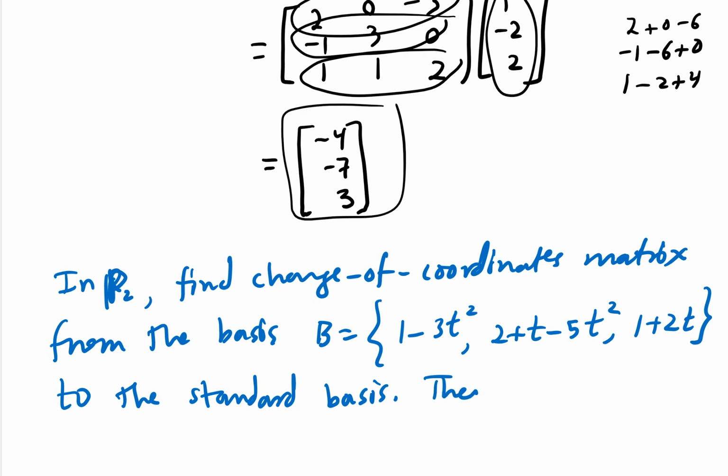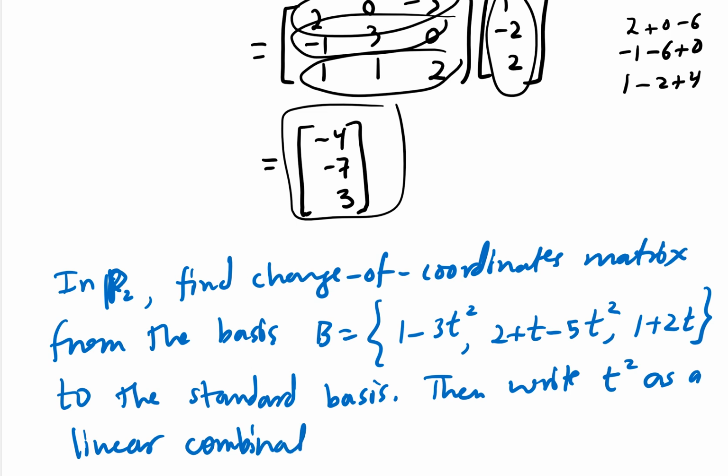Then write t squared as a linear combination of the polynomials in B.